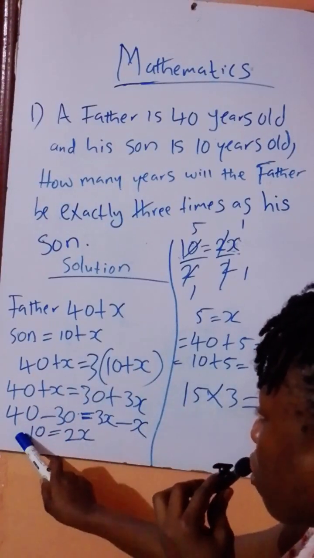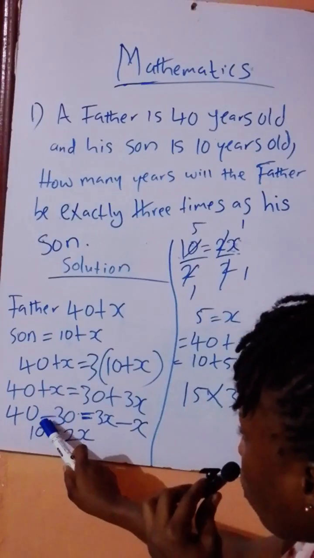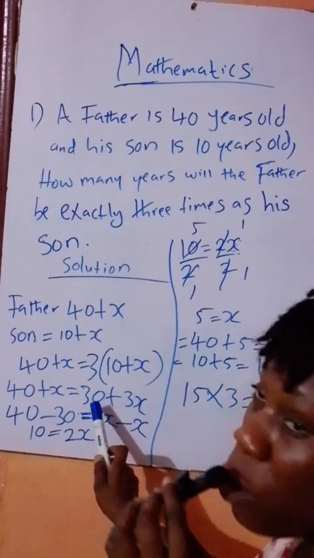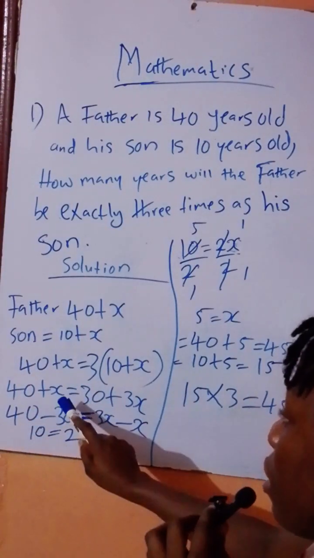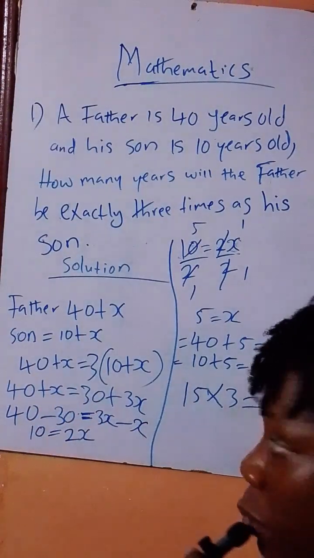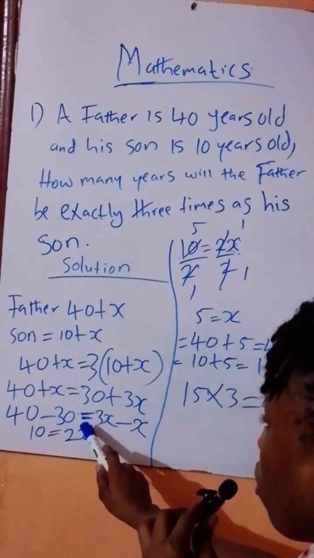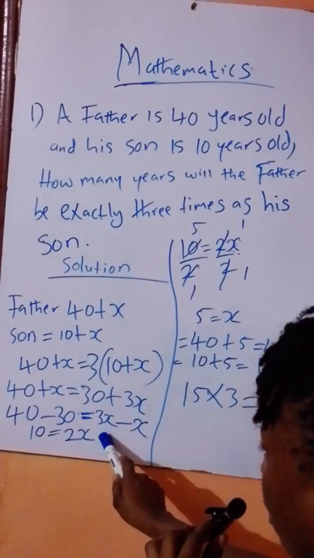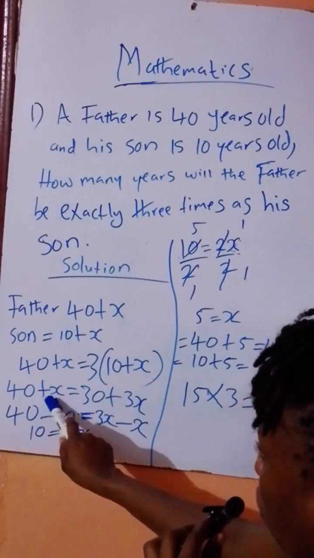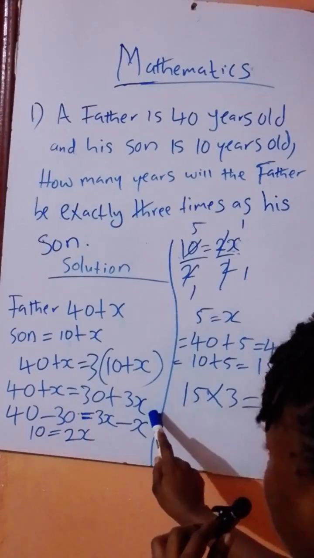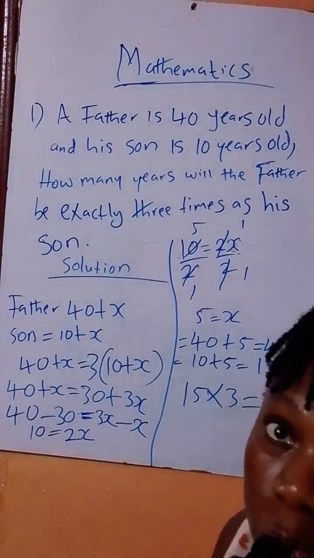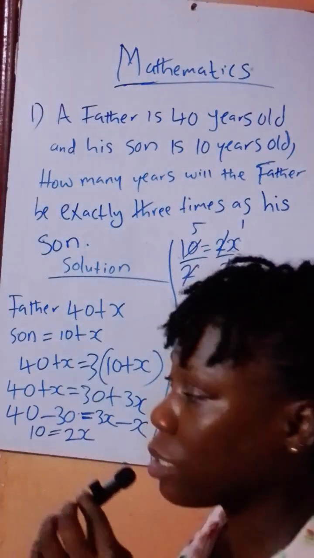You bring down your 40 minus, when this 30 crosses this equation sign, when this 30 is coming to meet the 40, the plus sign will change to minus. Put your sign. This 3s, bring it down here. When this plus s is coming to meet this 3s, the sign is going to change, which is going to be s.